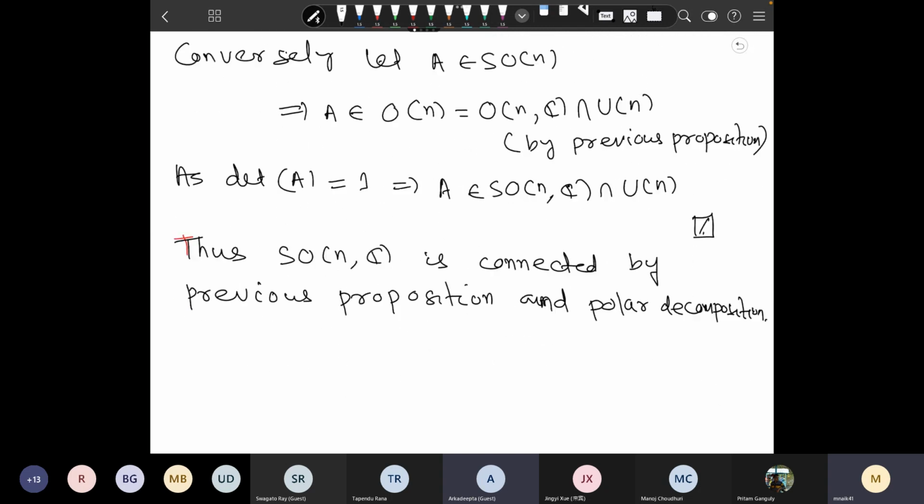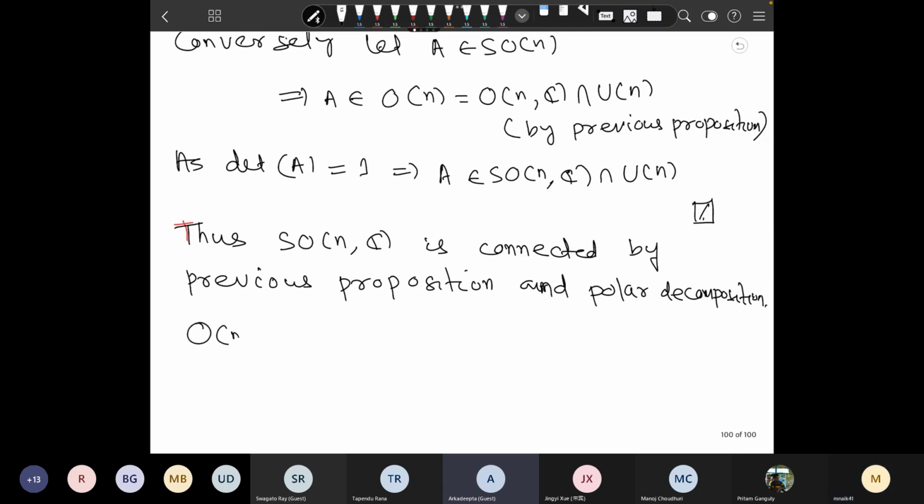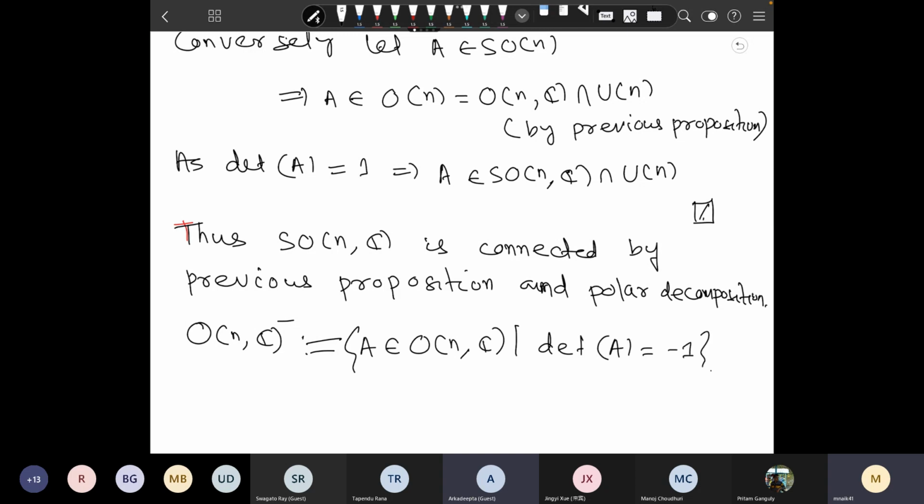Now, this is a definition: let ONC minus be the set of A belonging to ONC so that the determinant of A is equal to minus 1.